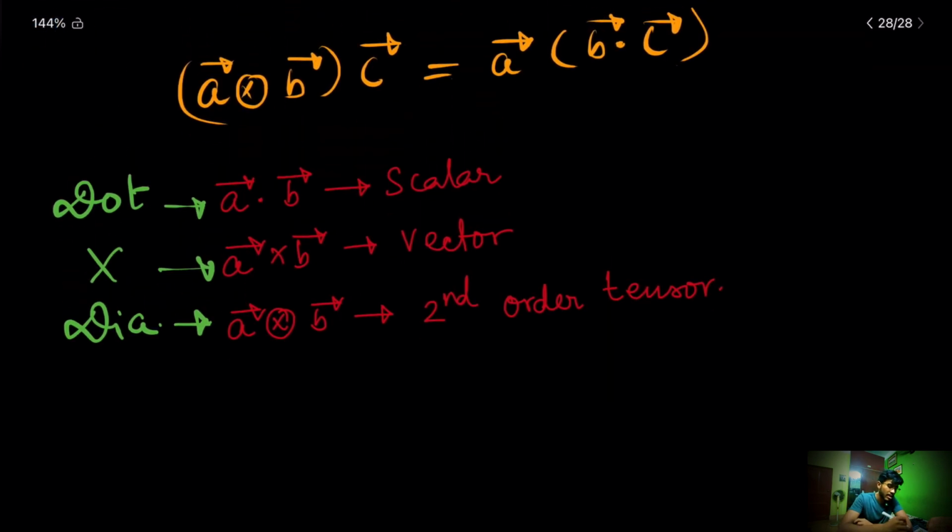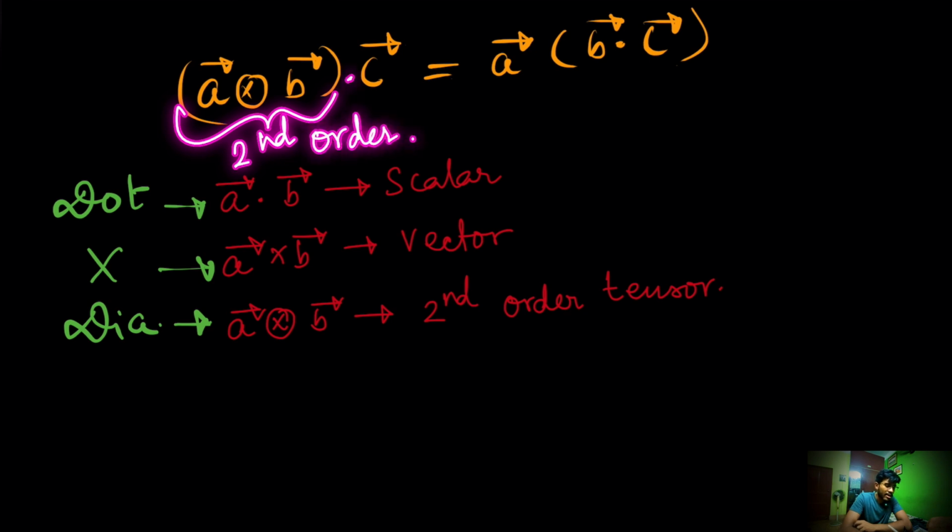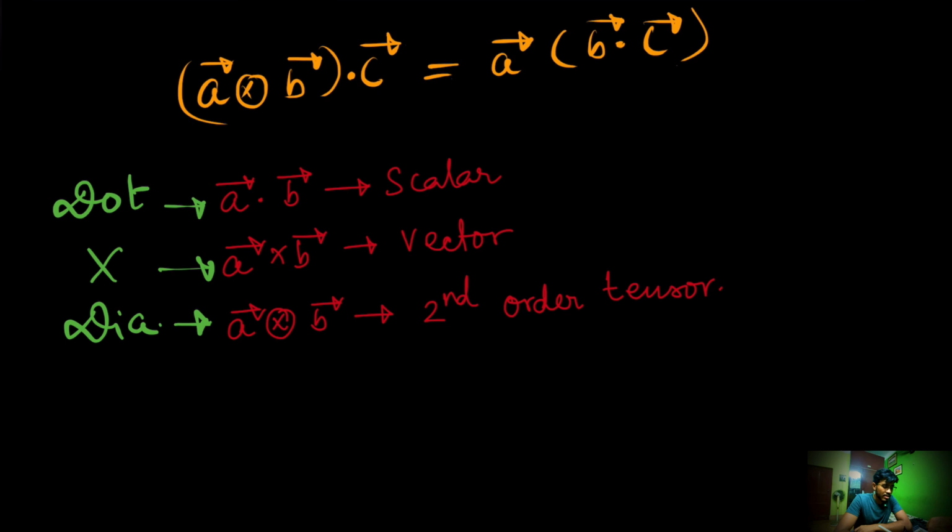Now you see, this is a second order tensor, right? And we are taking a dot product with another vector. So a second order tensor is being dotted with another first order tensor.